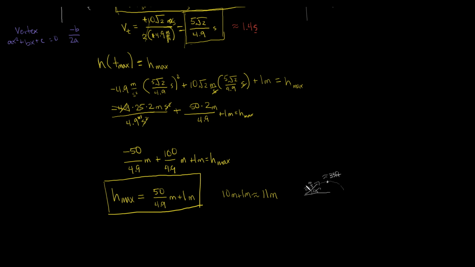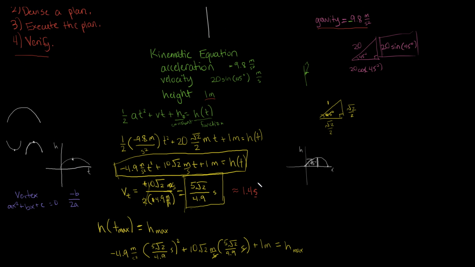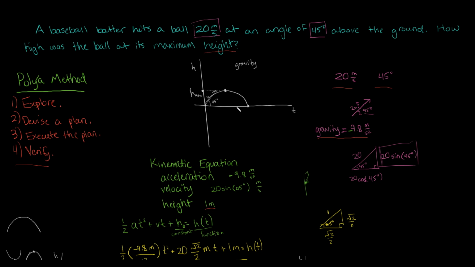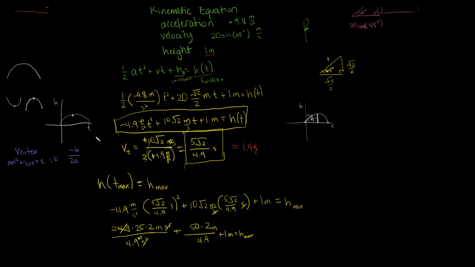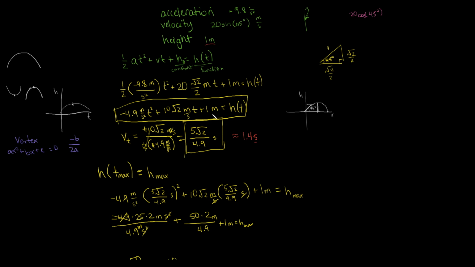So this here is our application of the Polya method. We began part 1 by exploring the problem. We asked what information the problem gave us and what assumptions we might have to take. Then we found the kinematic equation as a good solution to how we could plan to solve the problem. Then in this video we executed our plan. We solved, we simplified, and we realized that this is really not our answer.